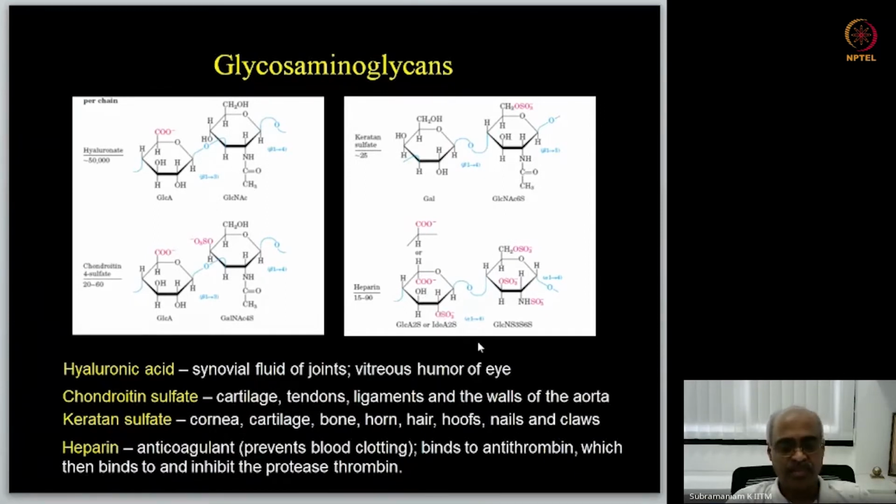Okay. So iduronic acid, or iodose, is one of the epimers of glucose. So here you have either glucosamine, the sulfated glucose, or glucuronic acid. GLCA is glucuronic acid with two sulfate groups, or you have the carbon 2 sulfur.